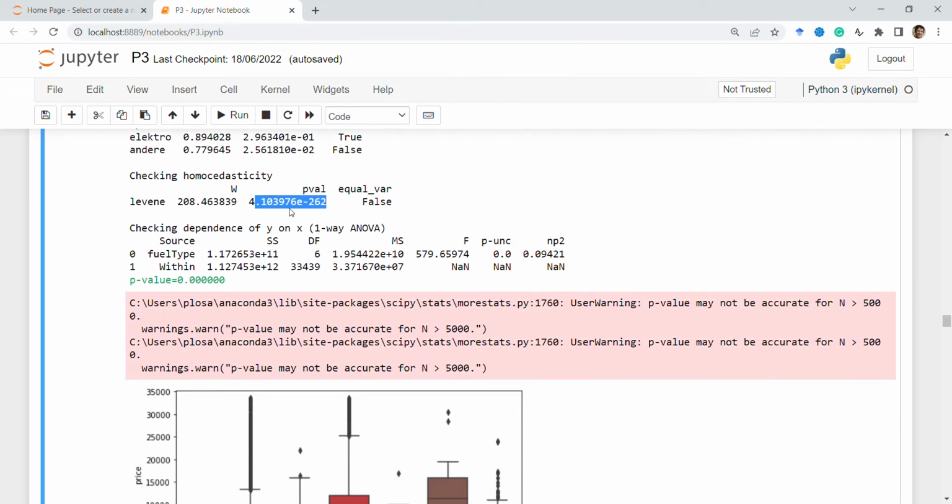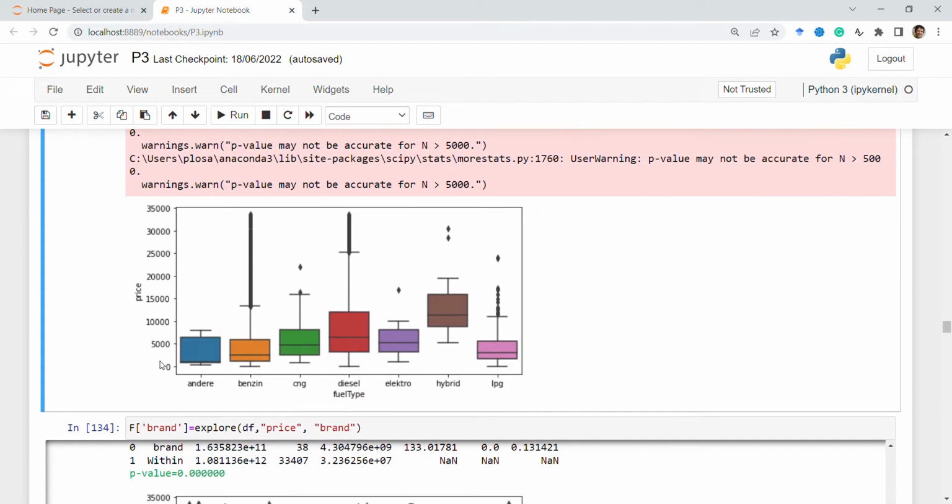Not this one. This is almost elastic. So there is a relationship between those, although the relationship is not too strong. And again, here we have a graphical representation. We see that the most expensive cars are hybrid and diesel.